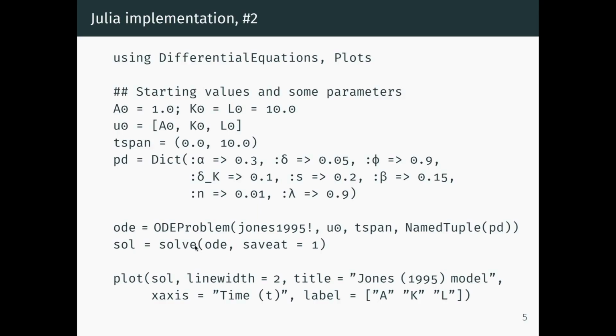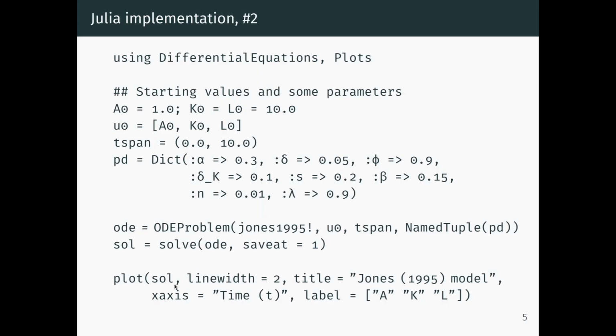The solver, or this function, will look at our ordinary differential problem and then decide which algorithm, which solver, to apply to solve our differential equations. The saveat parameter just tells it that it should save the output at every time step. And the sol object then contains our solution to the model.